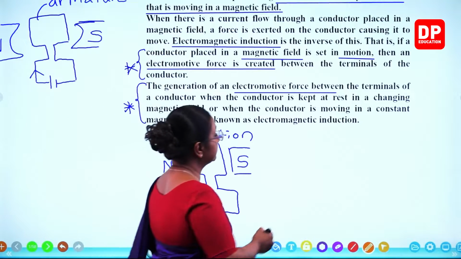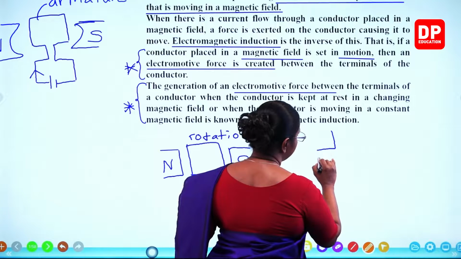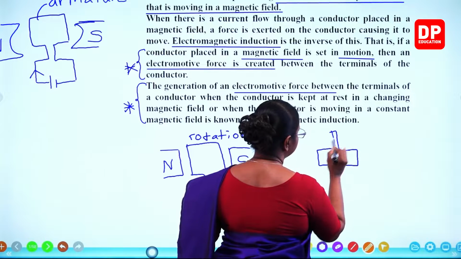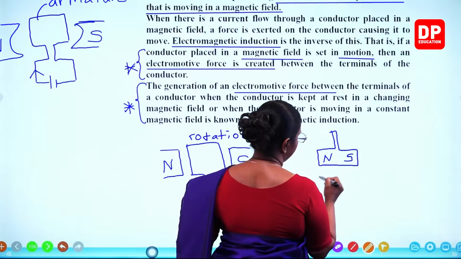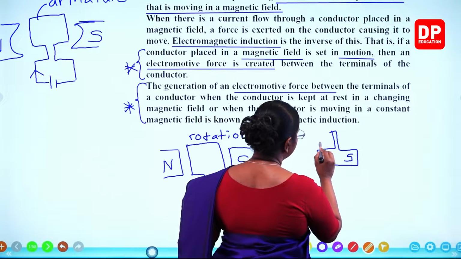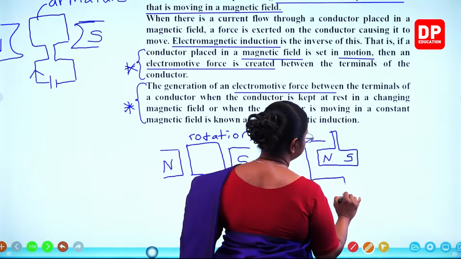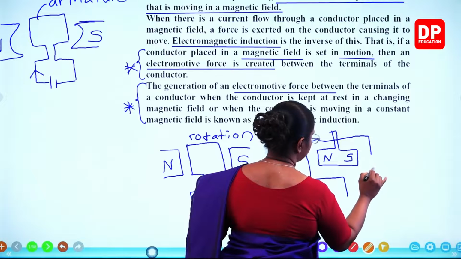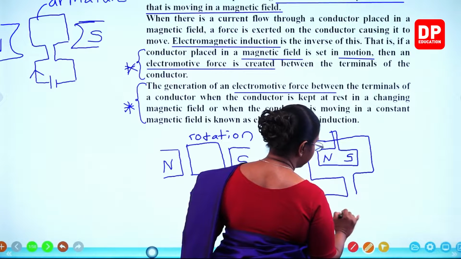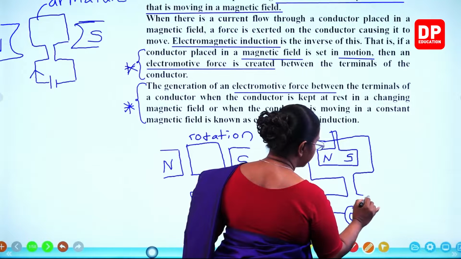In another instance, we can have a magnetic field, say north and south, moving around a conductor. So, something like this. This is just the diagrammatic representation, students.